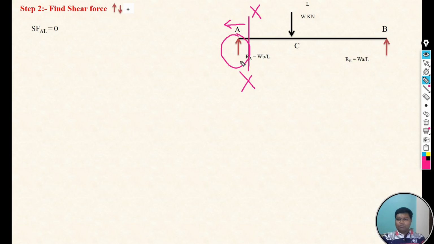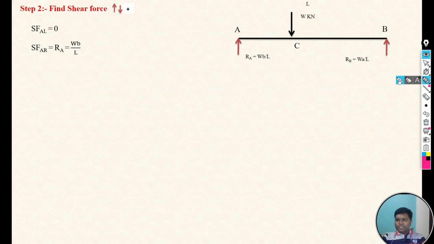That's why we consider it positive. So what is the shear force at A right? The shear force at A right is RA, and the RA support reaction is WB by L.